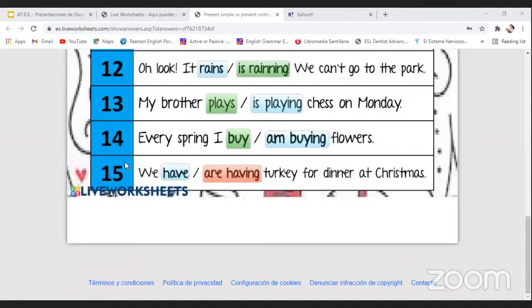Exactamente. Y considero que bajo el contexto, de we have turkey for dinner at Christmas, nosotros, este have hace referencia, ¿no? A que van a comer el pavo en la cena, ¿no? Y también la segunda oración de we are having turkey for dinner at Christmas, porque es una acción a futuro, Christmas y el presente continuo expresa, ¿no?